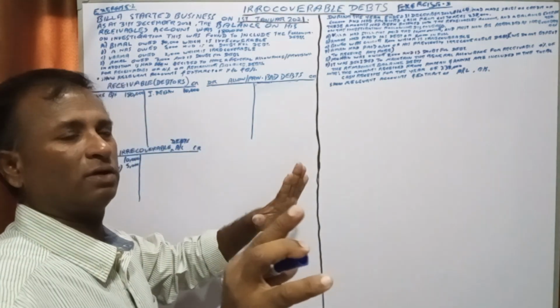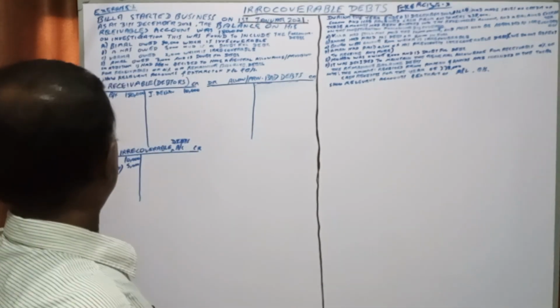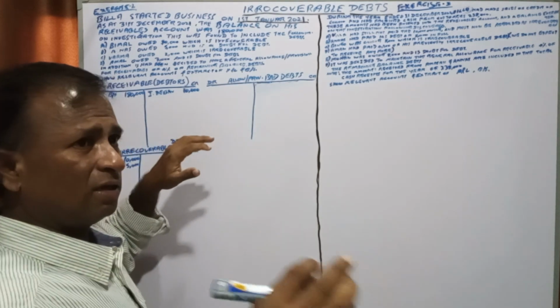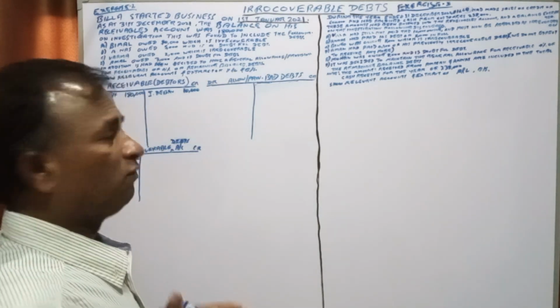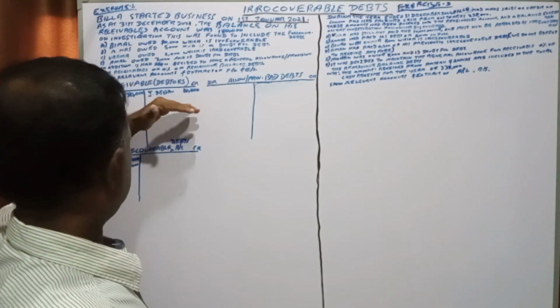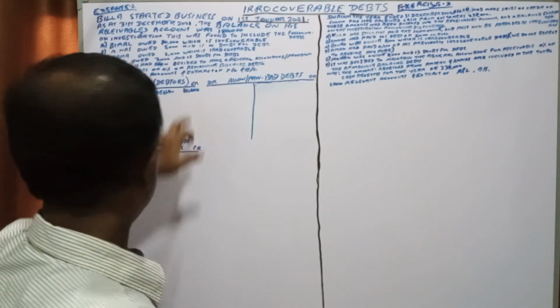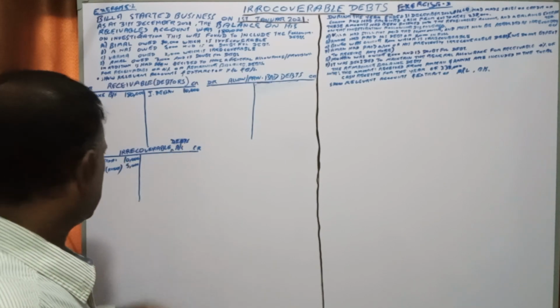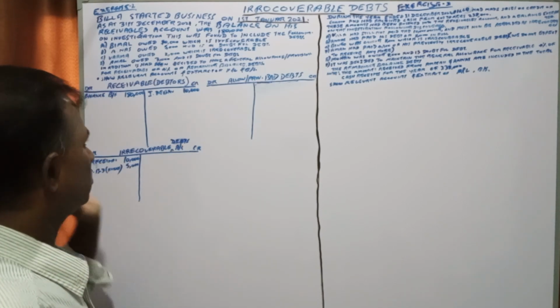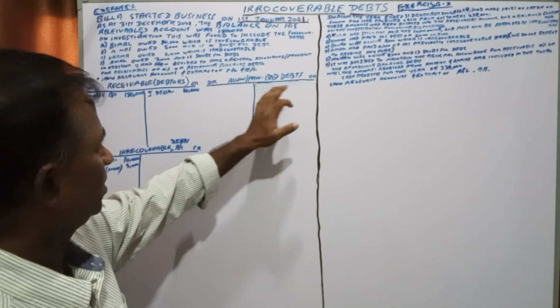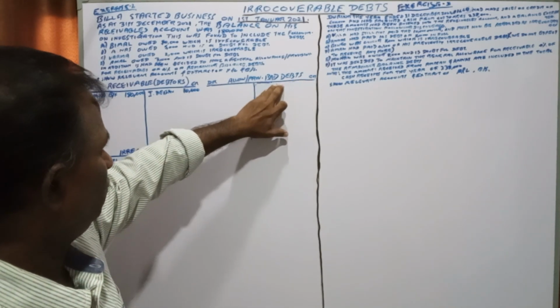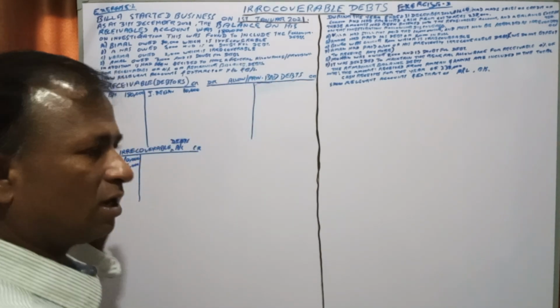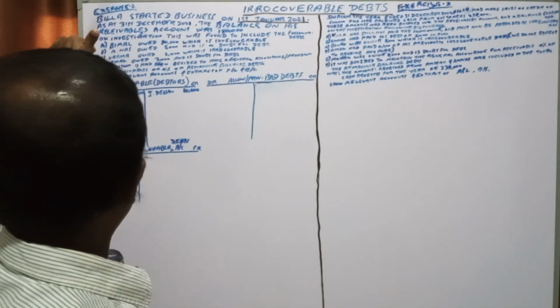We are going to write off the amount from the receivable debtors account by crediting it, and debit the irrecoverable debts account, that is 10,000. That is the entry here. This one you forget about, and we come to the next.